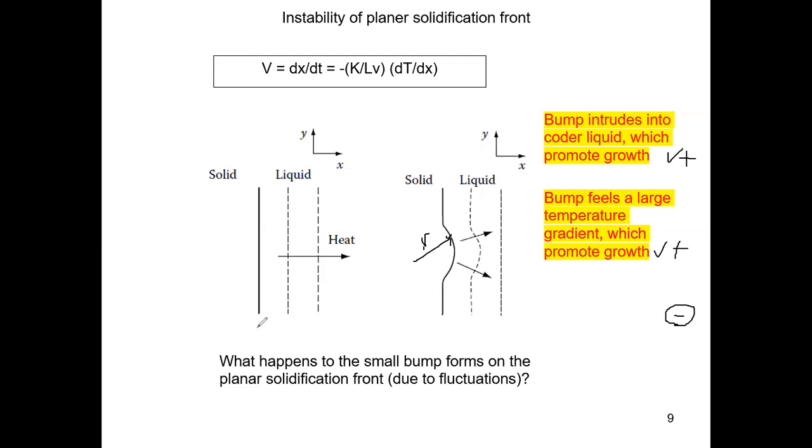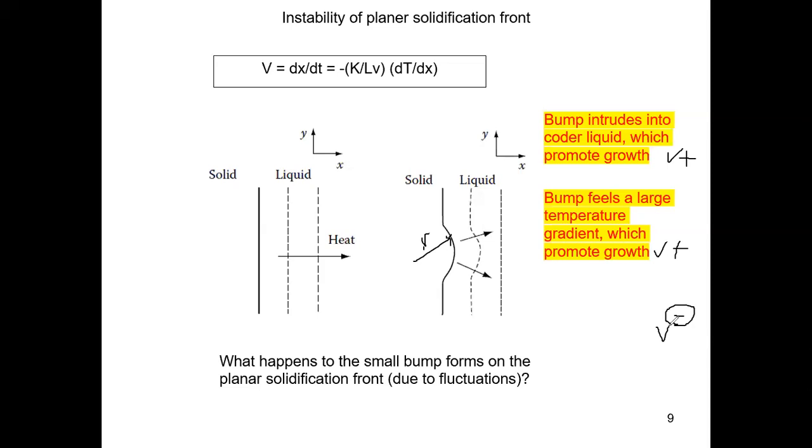Whenever you have a small curvature, you have to worry about the Gibbs-Thompson effect, because you have to use some of the degree of supercooling to overcome your extra interfacial energy. This is the negative part. That's why I used the word generally.